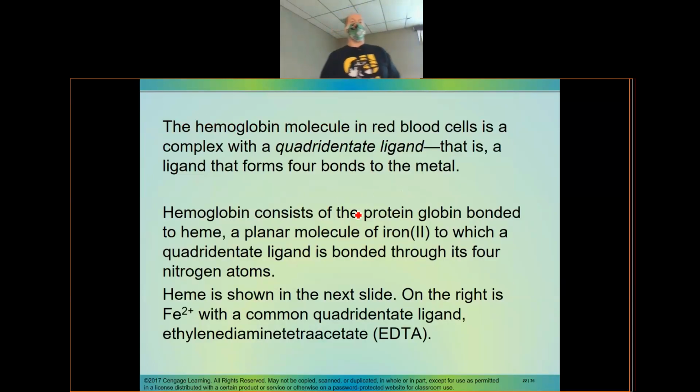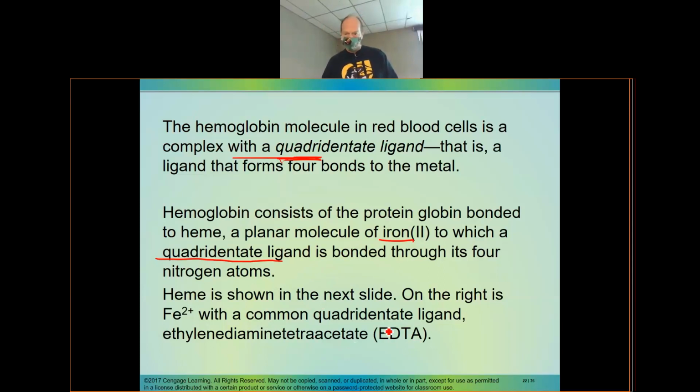All right, hemoglobin has a coordination number of 4, so it is a quadridentate ligand. Quad is 4 spots that it will bind to the metal. The hemoglobin consists of your iron, which is bonded to the iron in 4 coordination sites.